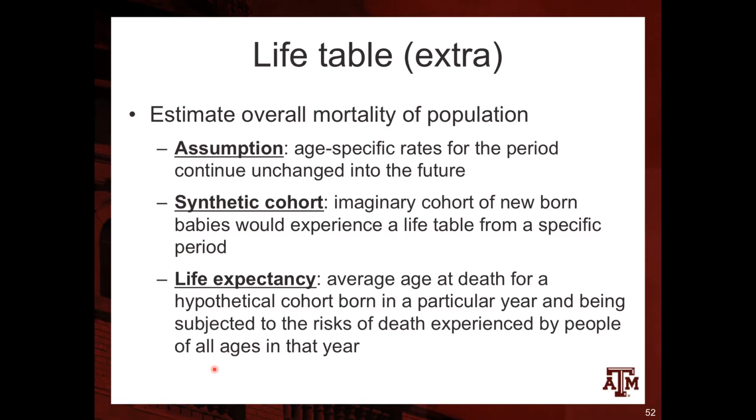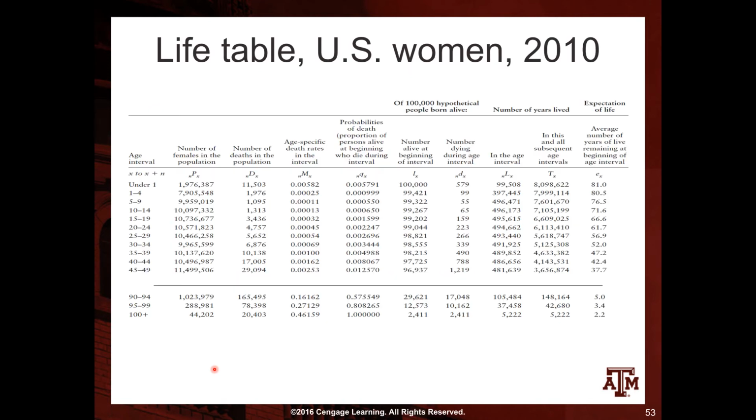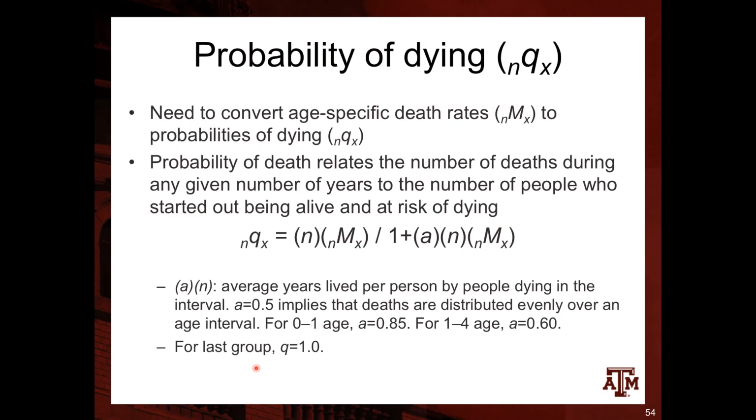In the following slides here, I have some extra information about life tables from a different textbook. So I'm not going to go through each one of them in detail, so I'll leave these for extra reading. And in this case here we have the life table for US women in 2010, and this here, for example, is a formula in which we calculate the probabilities of dying based on the mortality rate.